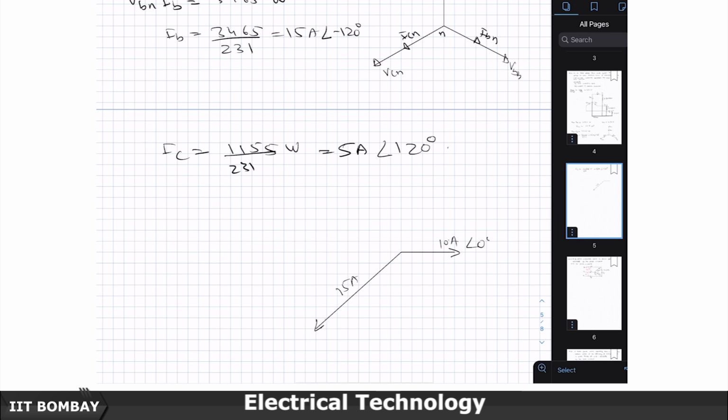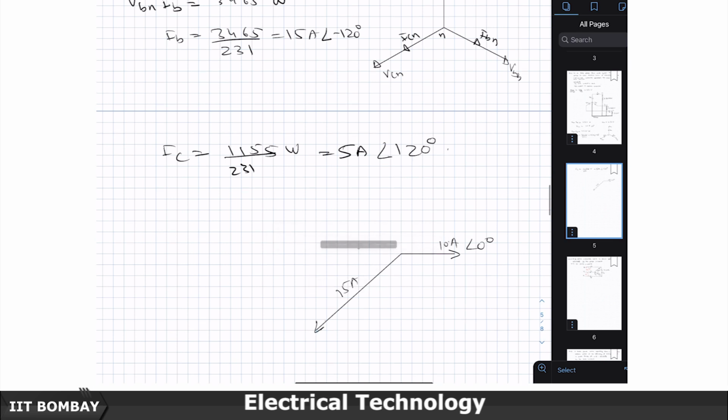Ten angle 0, 15 angle minus 120 degrees, maybe slightly minus 120 degrees, and IC is 5 amperes, so much smaller arrow, at an angle of 120 degrees.